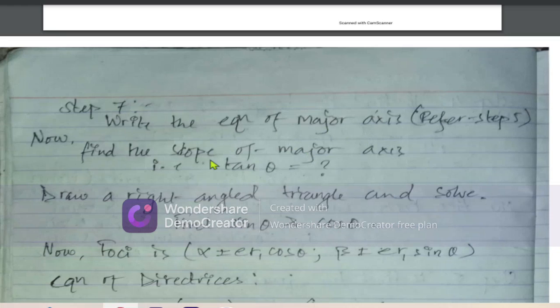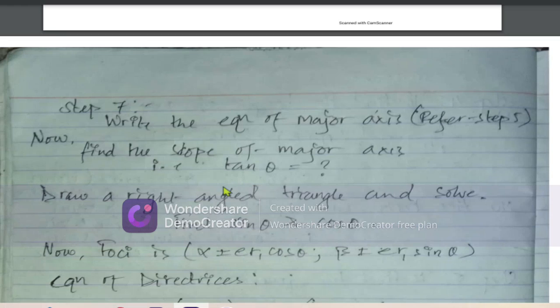Now find the slope of the major axis, that is, tan theta equals what? Generally we will determine the values of perpendicular, base and hypotenuse, so that we can also find the values of sin theta and cos theta.